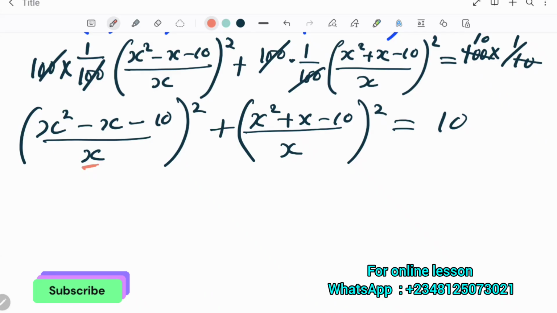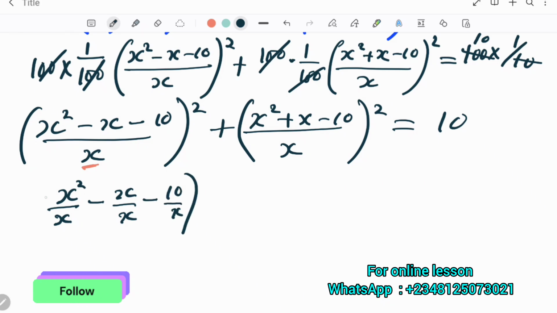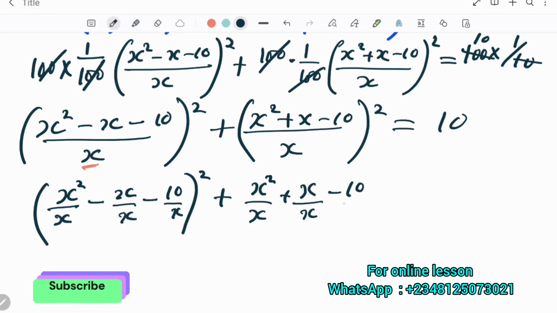For the first bracket, we have x²/x, then minus x/x, minus 10/x, all squared. Do the same thing to the second bracket: x²/x, plus x/x, minus 10/x, everything all squared, equal to 10.